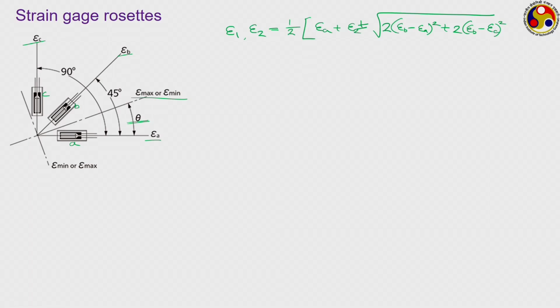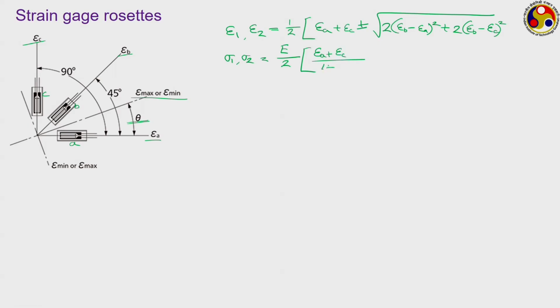And what will be the corresponding principal stresses? Say if sigma 1 and sigma 2 refer to the two directions of the principal stresses, then that will be equal to E by 2 into epsilon a plus epsilon c. Here I have written epsilon 2 in the previous case, that should have been epsilon c.